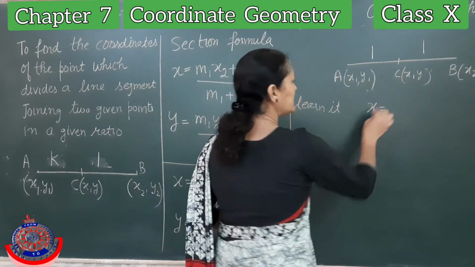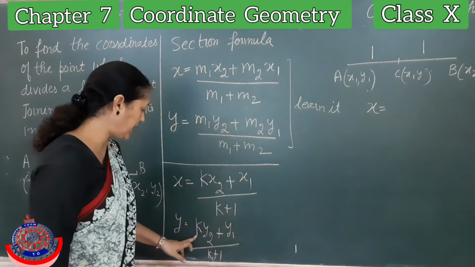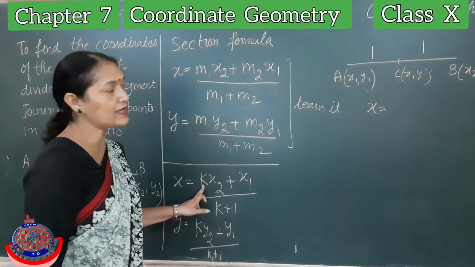Then x would be, here in place of k, 1 will come.